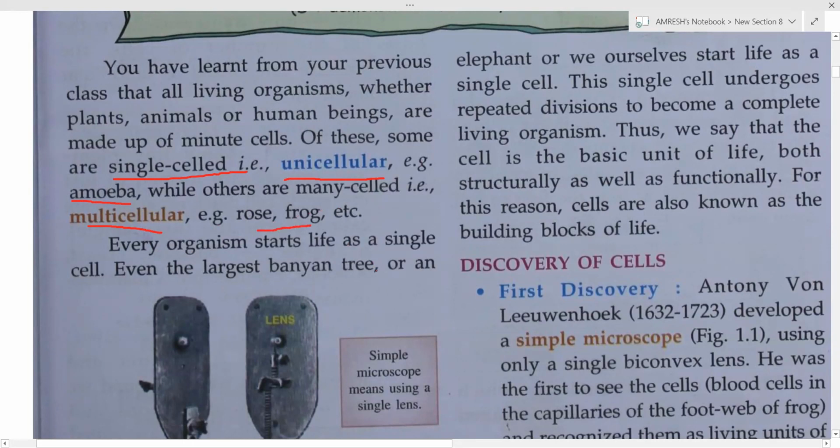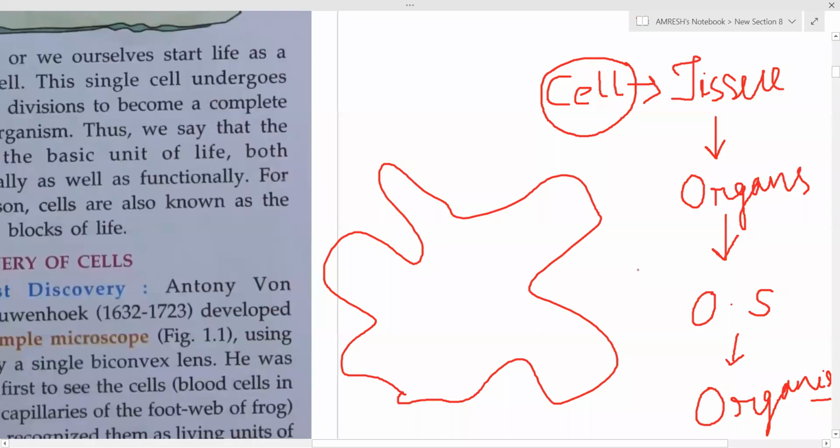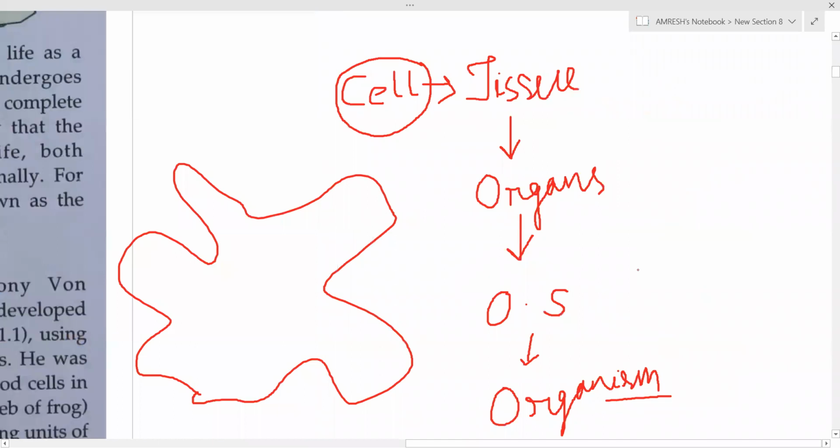My dear students, we are now multicellular, but we started our life from a unicellular nature. From the unicellular nature, our cells divided, multiplied into a group of cells, and then sequentially we became an organism.